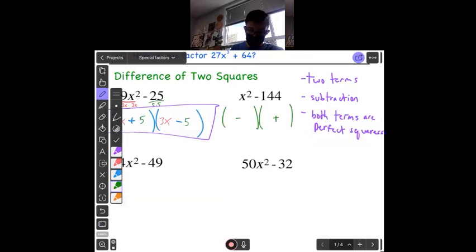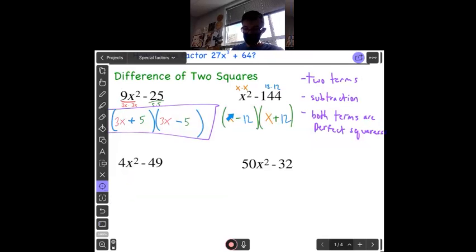Then I say, where did x squared come from? Well, that's x times x. Where did 144 come from? That's 12 times 12. And quickly glance, anything in common? Nope. Any squares or cubes or anything like that? Nope. So I'm done.